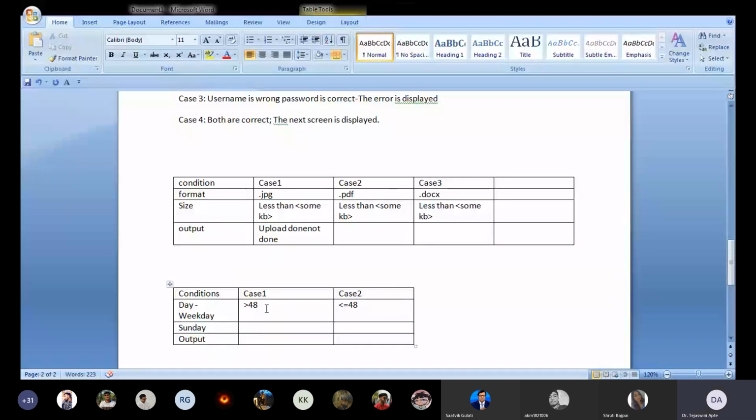So here, if it is like this, then salary equals sal into 1.25.